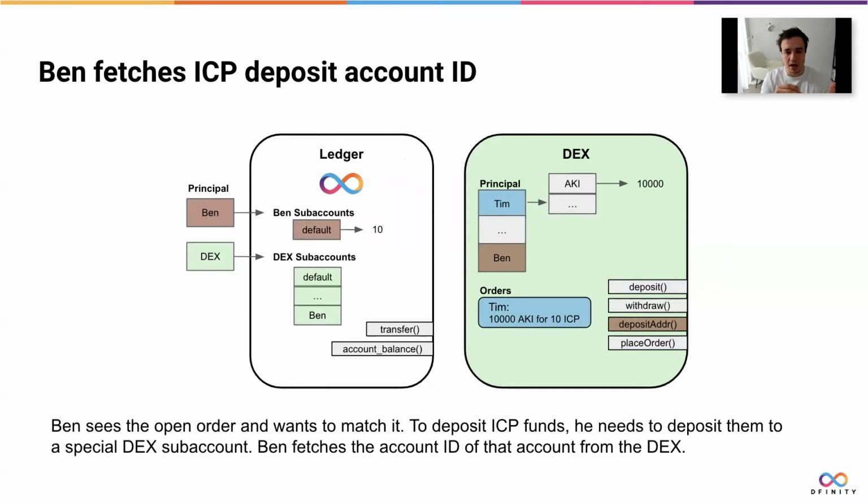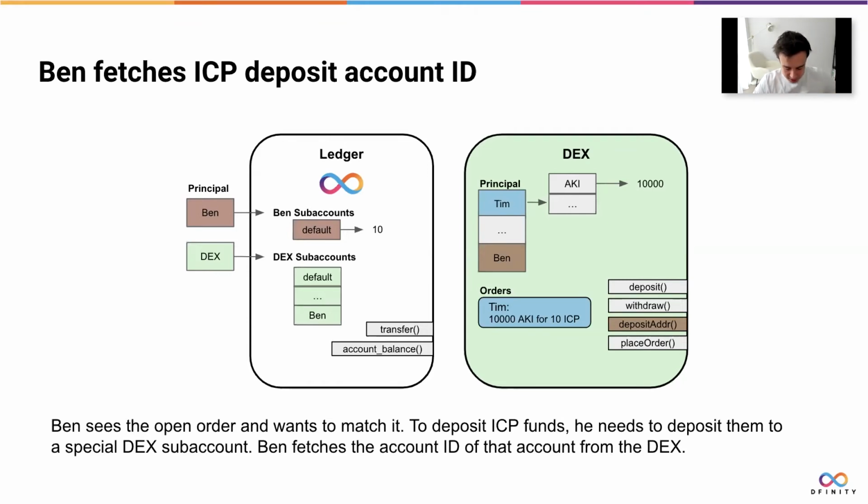Also worth mentioning is wrapped ICP. The idea of wrapped tokens is that you provide a different interface. For example, on Ethereum you have wrapped ETH, which lets you interact with the ERC20 standard, if I'm correct.